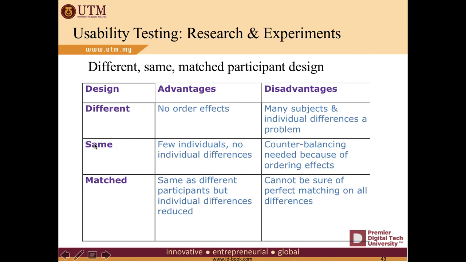With the same participants, there are no individual differences, but the disadvantage is that counterbalancing is needed because of the ordering effect. Matched participants are the same as different participants, but individual differences are reduced. It is quite interesting to understand, and this is a part of experimental design that you have to choose for your final project.